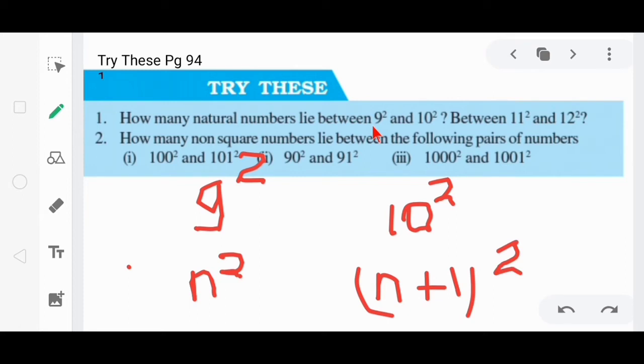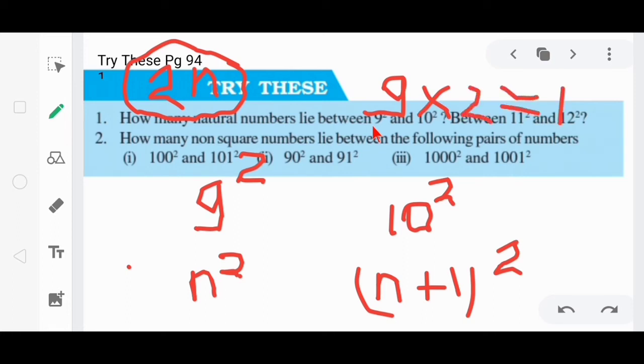So the number of non-square numbers is 2n. This is the formula we just discussed in the previous slide. Here the value of n is 9, so write 9 into 2, and it is 18. We have to solve this question in your copy. So non-square numbers between 9 square and 10 square is equal to 18.